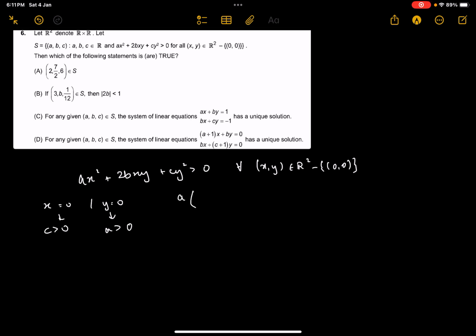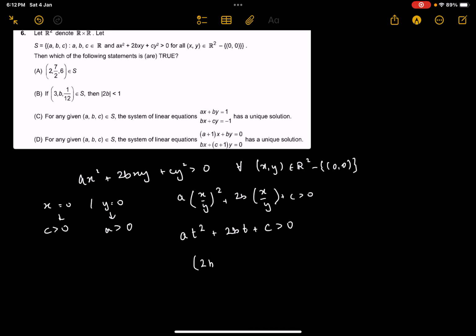So we get a(x/y)² + 2b(x/y) + c greater than 0 for all pairs of x, y. So setting y equal to 1, we essentially get ax² + 2bx + c greater than 0 for all x, which gives us that the discriminant of this quadratic should be less than 0, which means b² − 4ac.